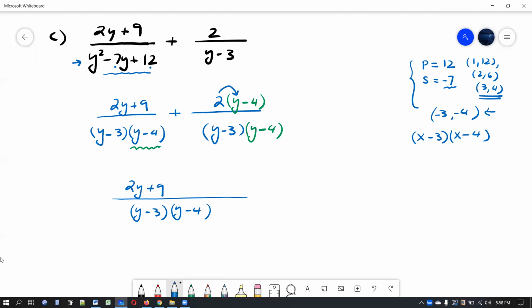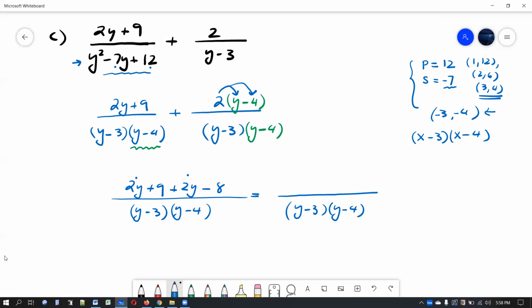And you can combine and do the operation on the numerator. So notice that I have to expand the 2. Make sure you don't make a mistake. 2y - 8. Still cannot do anything with the denominator. Leave it the same.